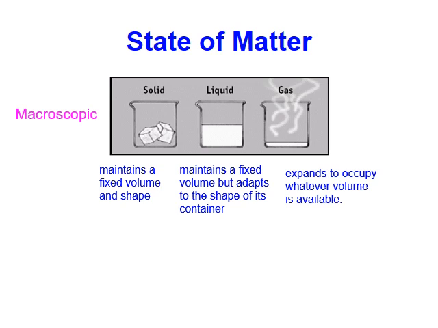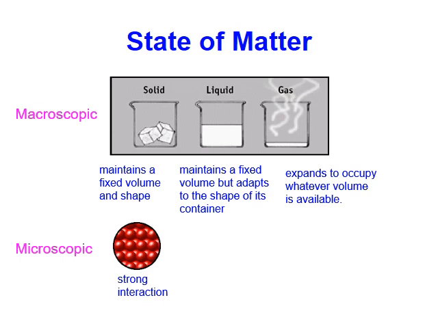Let's look at these states at the microscopic level. In solid states, molecules or atoms have strong intermolecular interaction. This strong intermolecular interaction locks the atoms or molecules in certain positions, so solid cannot change volume and shape.